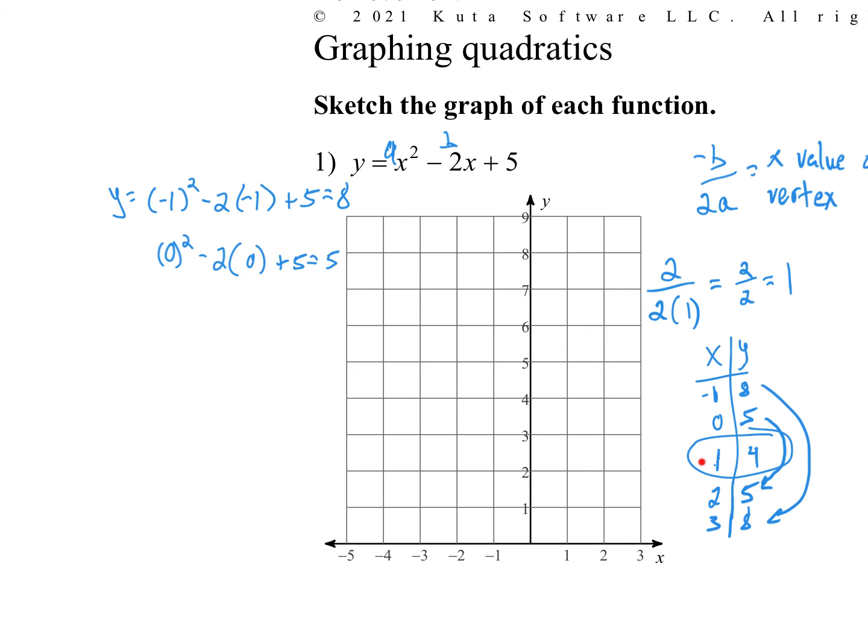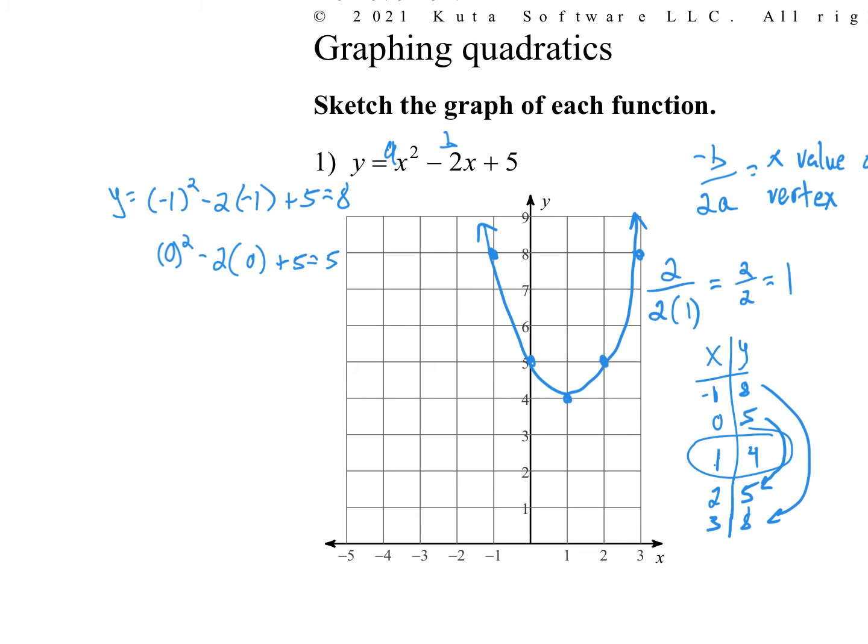So if this is in the middle, then these will be the same, and those will be the same. All right, now I just need to plot my points. So go to negative 1, positive 8, then 0, positive 5, 1, positive 4, 2, positive 5, and then 3, positive 8. And there is my graph.